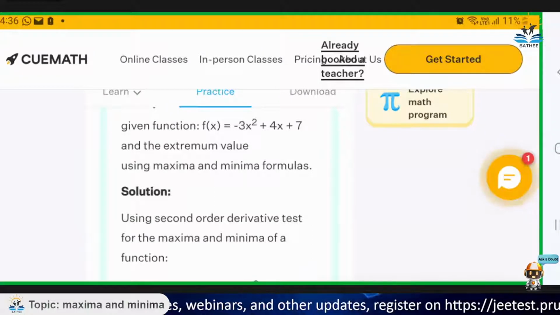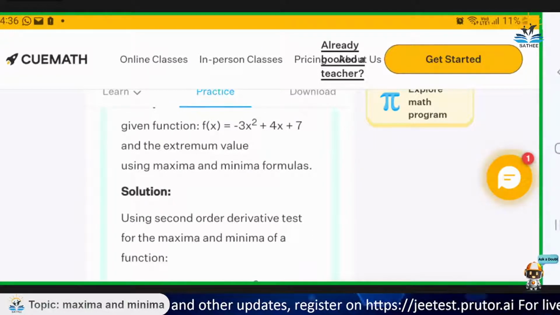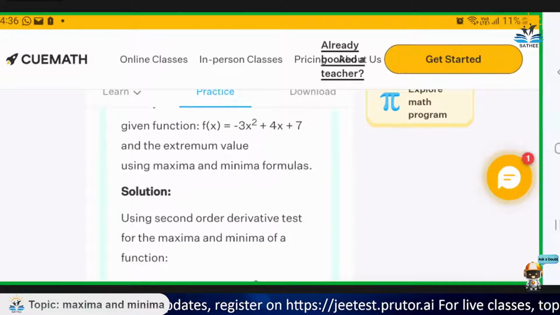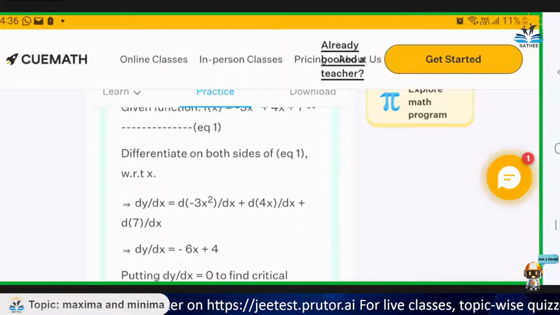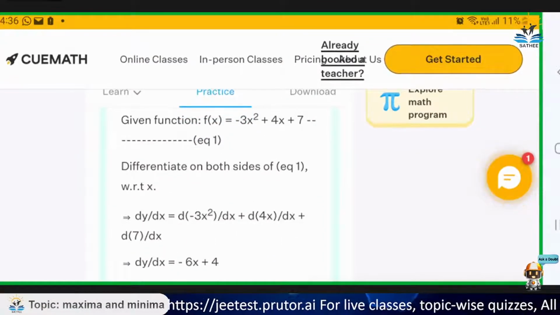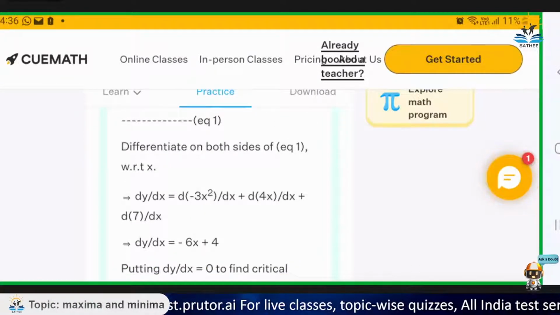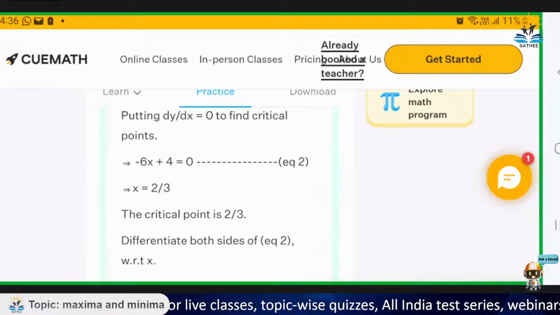Let us first differentiate it once to know the point of absolute maxima. After differentiating it once, we get minus 6x plus 4, and we get the value of x is equal to 2 by 3. So this is the critical point.